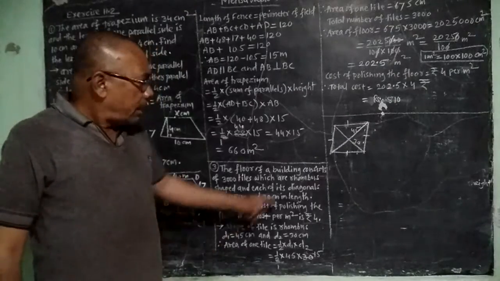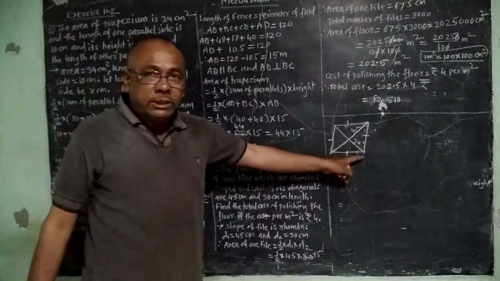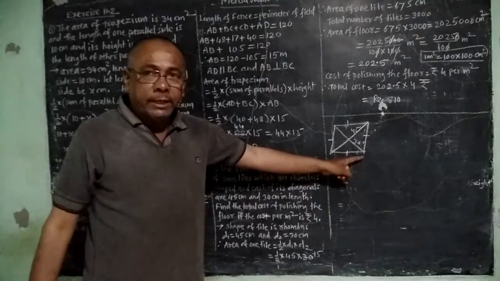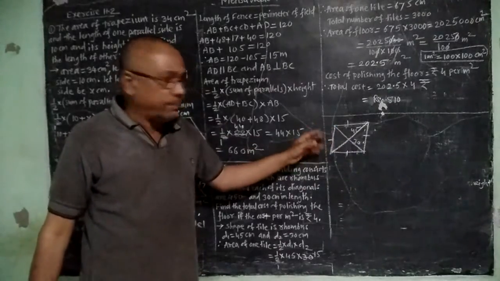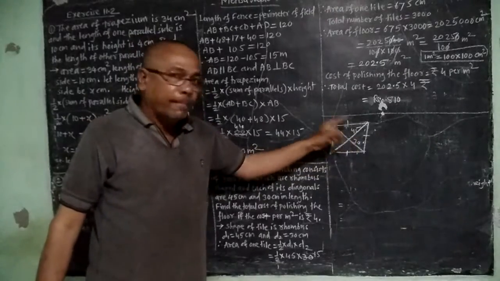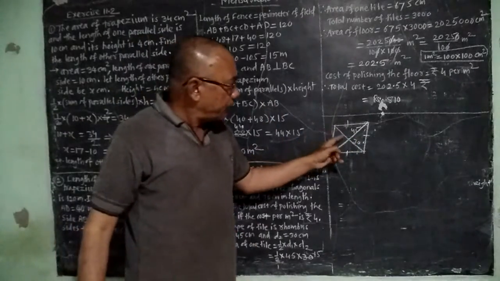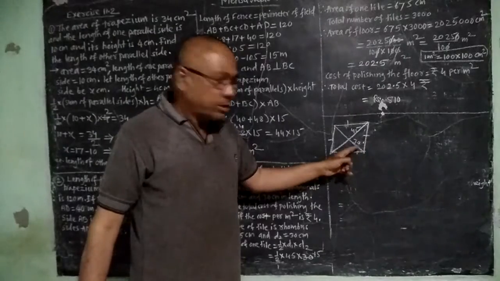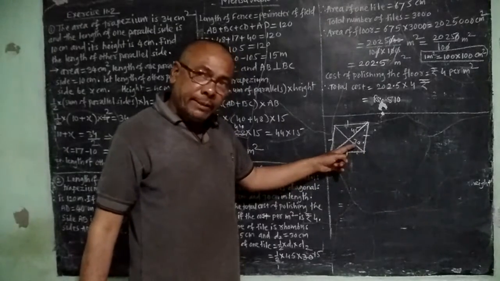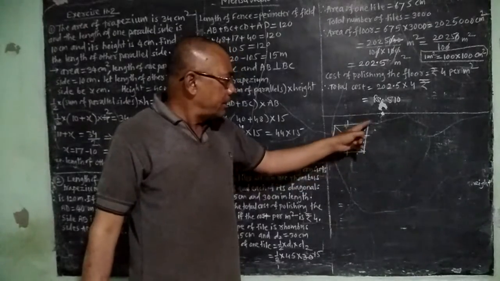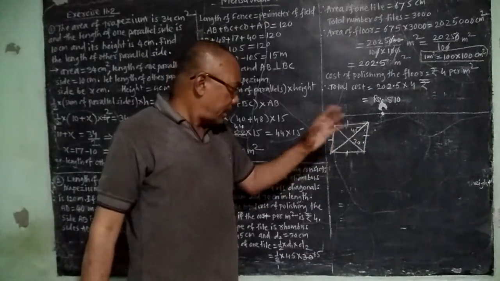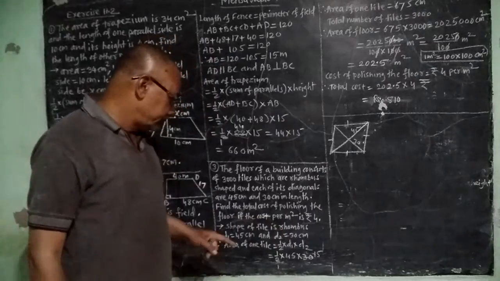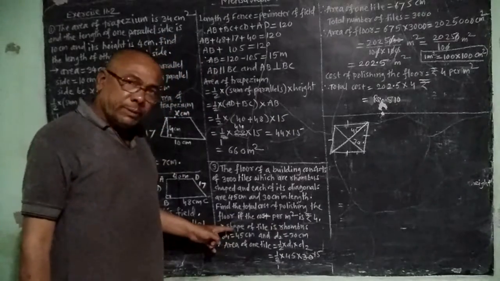Here I have shown the shape of one tile which is rhombus shape, that is all the sides are equal, but here it is seen that one diagonal is 30 centimeter in length and the length of the second diagonal is 45 centimeter. And now we will start.